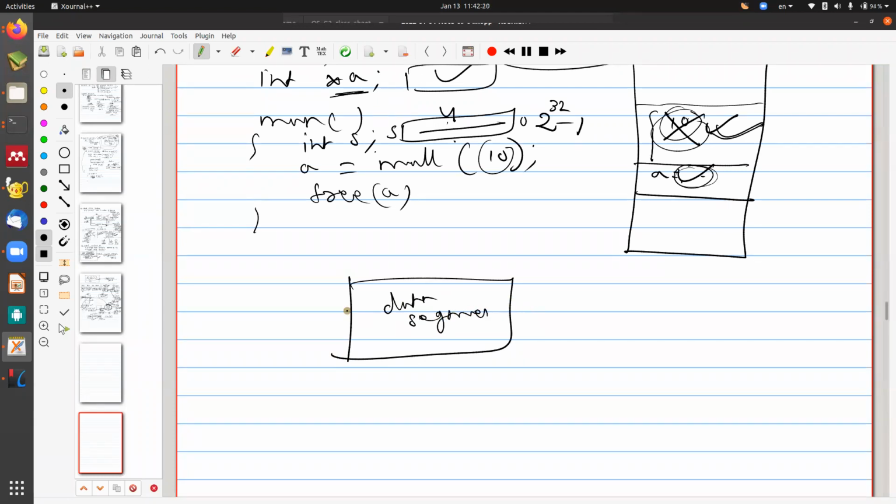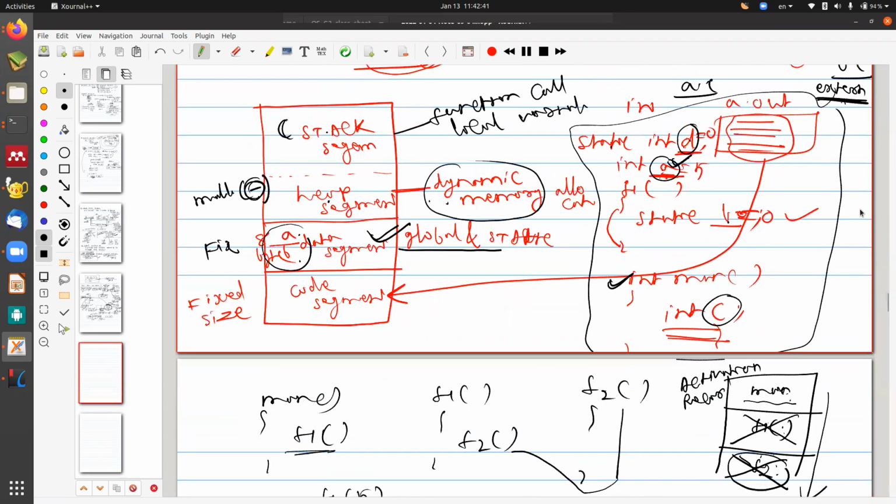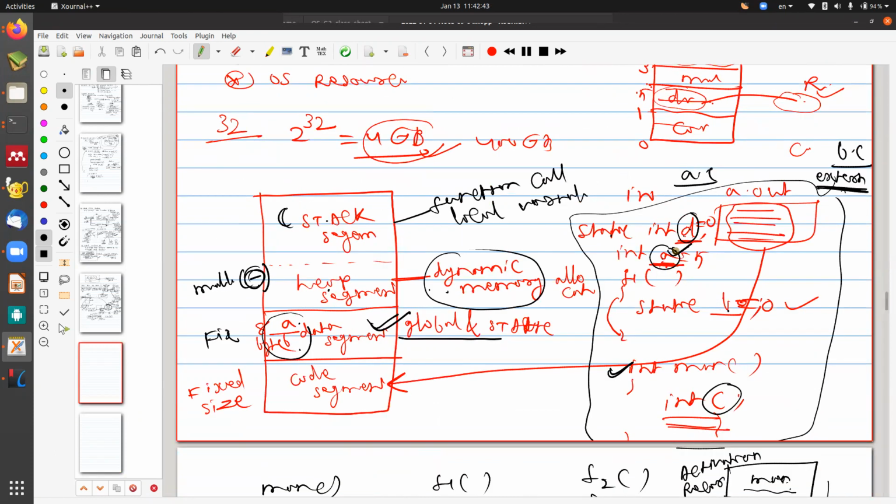One part is called the initialized data, and another one is called the uninitialized data. What does it mean? What are initialized data and uninitialized data? In this example, this is your initialized data, and these are uninitialized data.